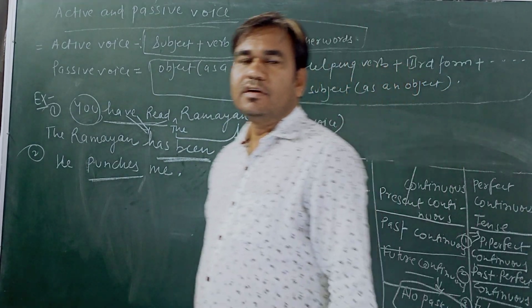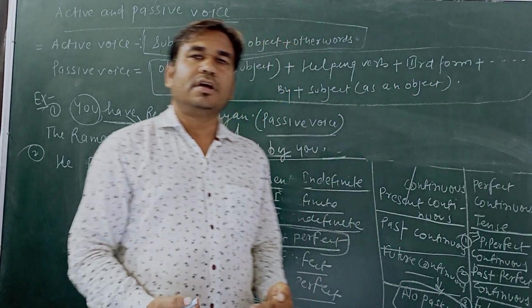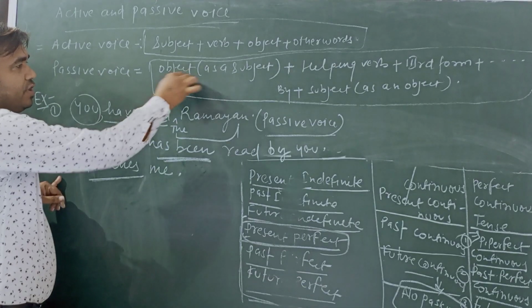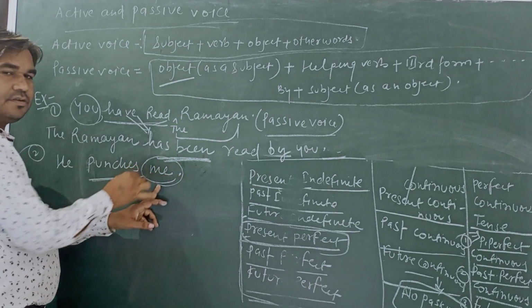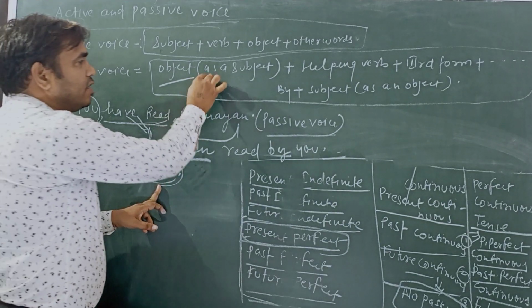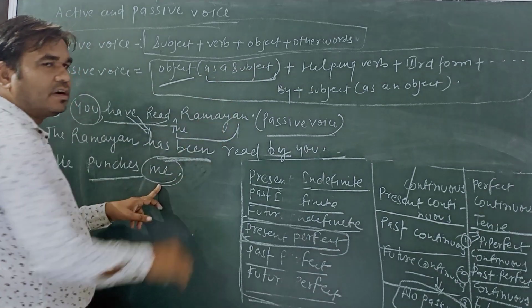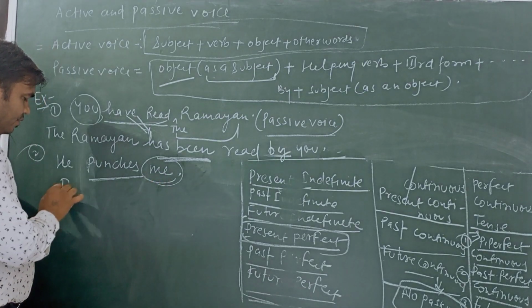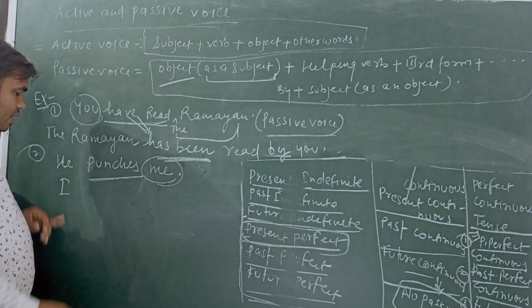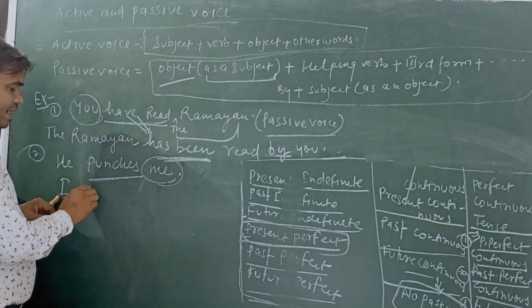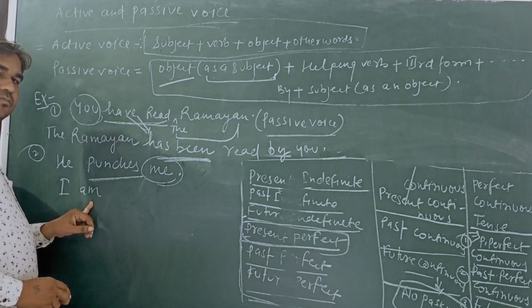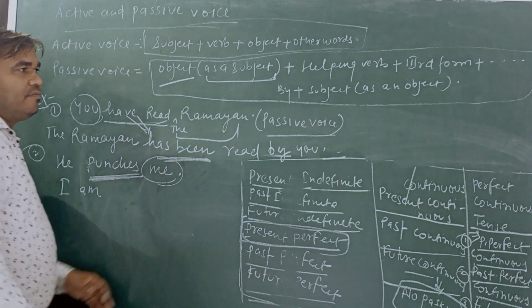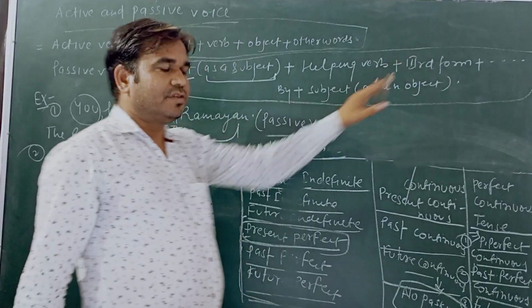It means to say we have to take "am". So let me see. Here the object is "me", and we have to convert this object into a subject. The subject form of "me" is "I", so we write "I", and with I we take "am", and here the third form is used in passive voice.